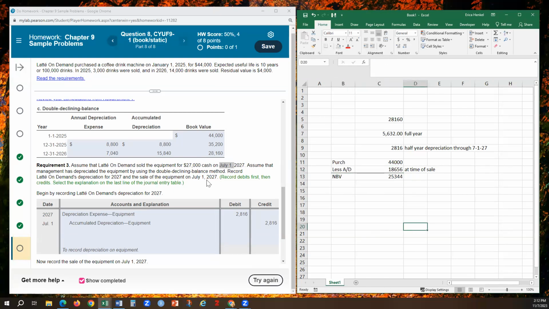All right. So the next step then is, let's see. So we sold the equipment on January 1st for $27,000 cash. So we're going to take the sales price less the net book value here to figure out if we have a gain or loss. Oops.